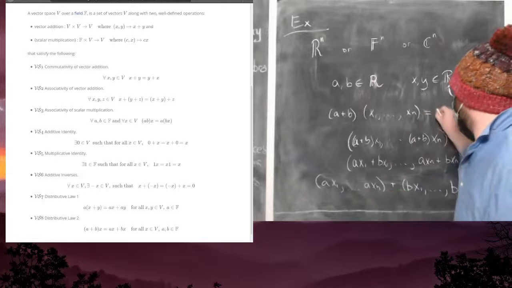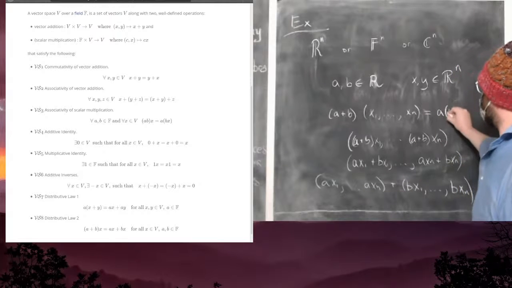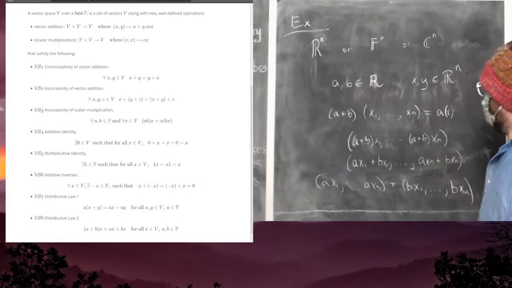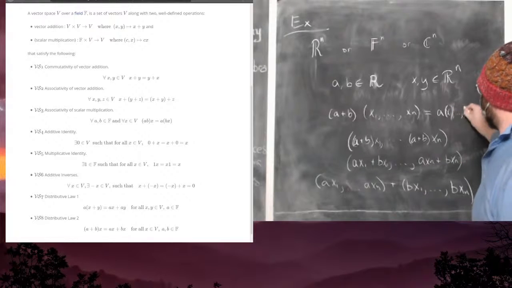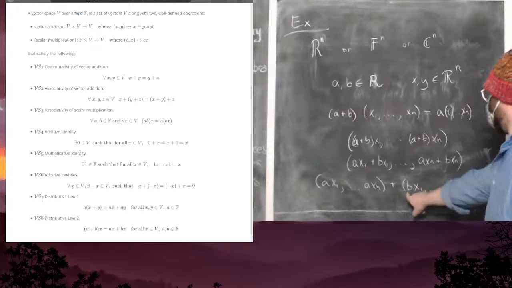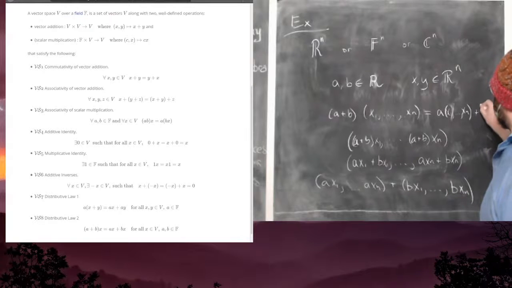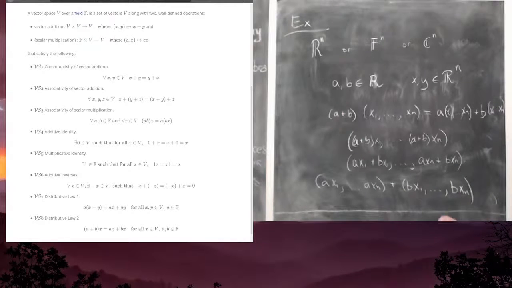This is a times x, I'll write them out. And this is b times x. Huzzah! And that's what we wanted to show, yeah? The other axiom is left to the reader as an exercise.